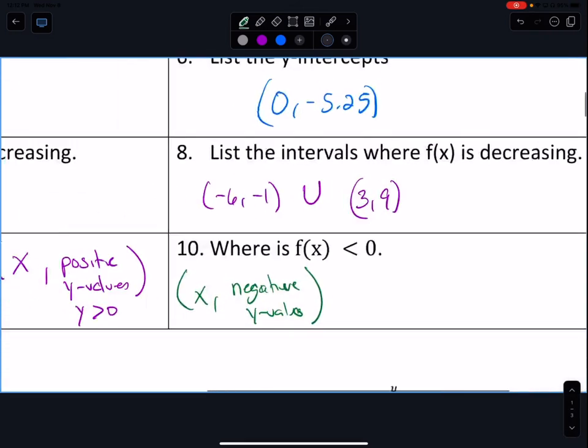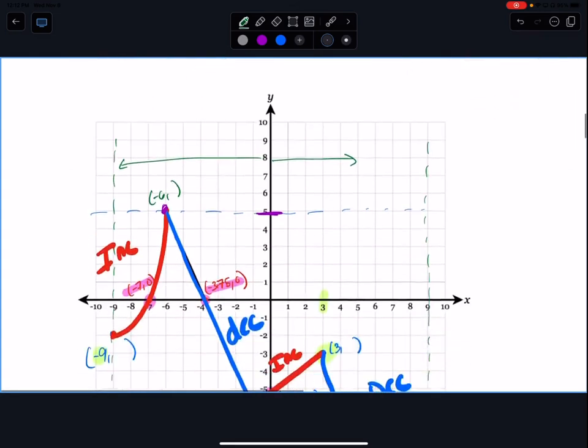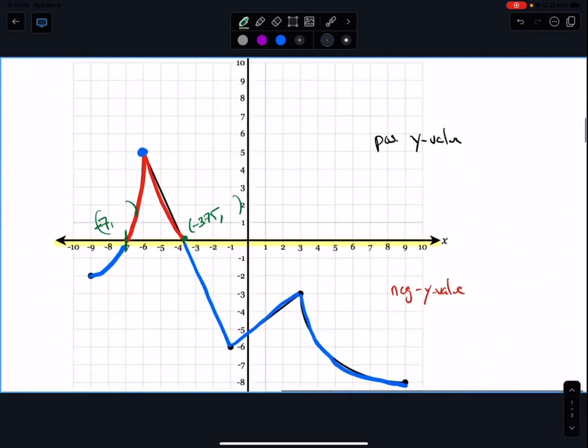So where is my function positive? Anything from negative 7 all the way to negative 3.75, not including those two numbers, because those two numbers are exactly 0, which is why I put my parentheses. So I can write it as one interval where it's positive.